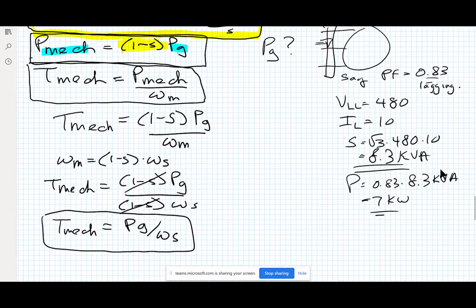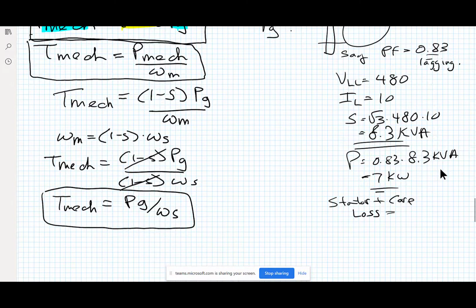What if I told you that the stator plus core losses are 3% of P in? What if I said that?